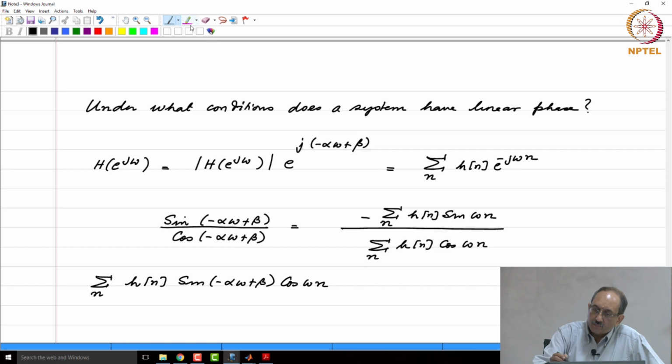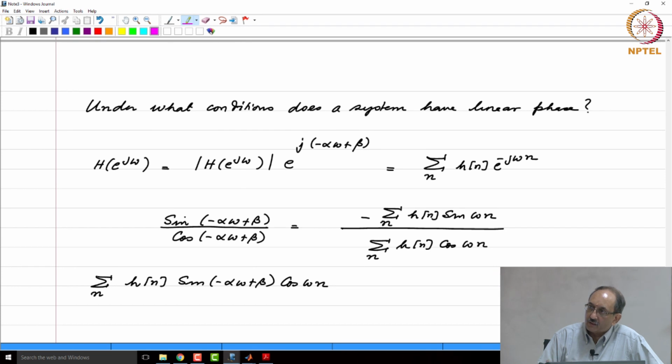Then I can cross multiply this with this and then take this to the other side, right. If I cross multiply this and this, I get this. If I cross multiply this and this, I will get the term on the right hand side.